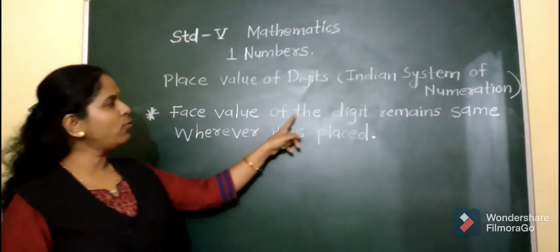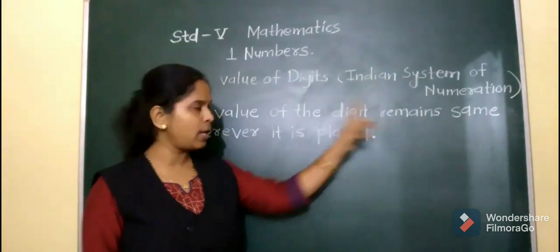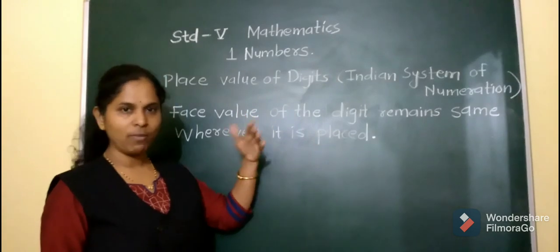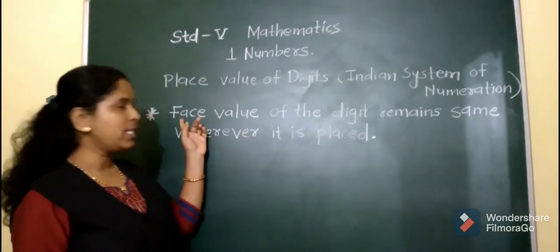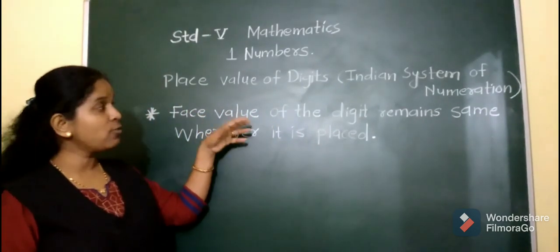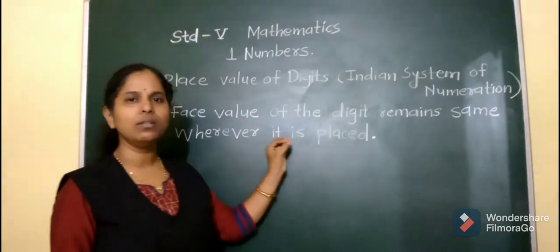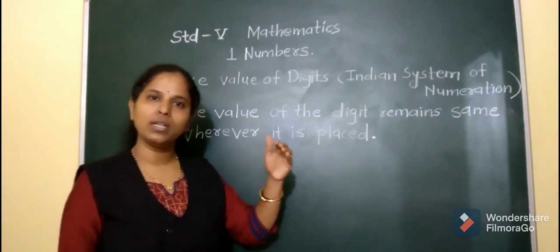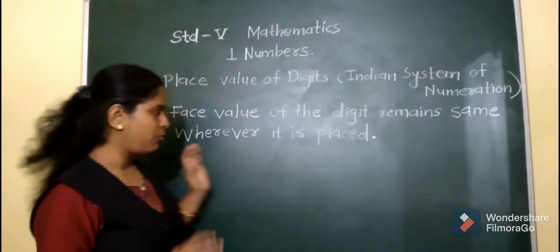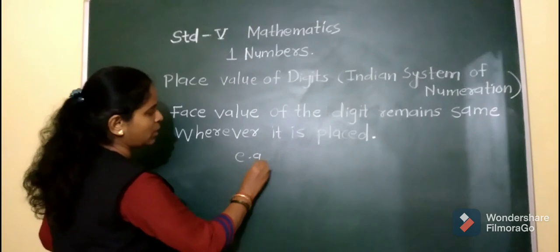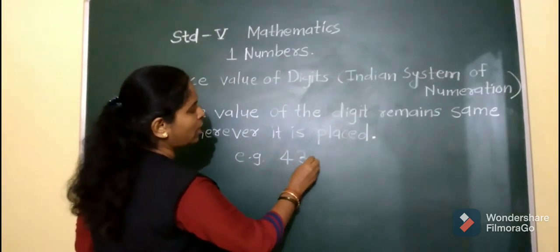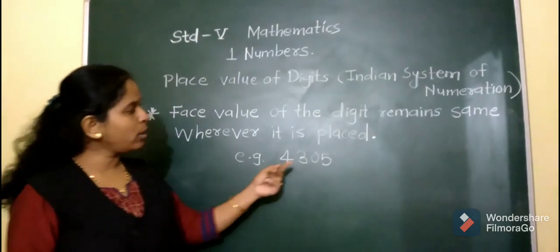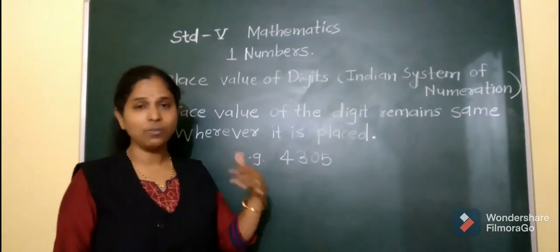Face value of the digit remains the same wherever it is placed. Now place value is over. Next is face value. Face value means whatever digit is there in the given number, the digit itself. For example, 4305.